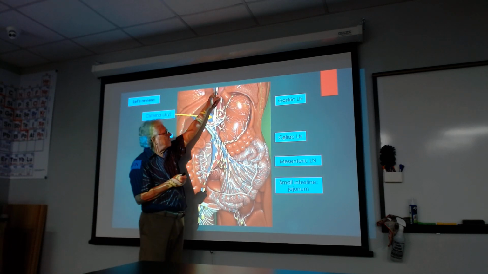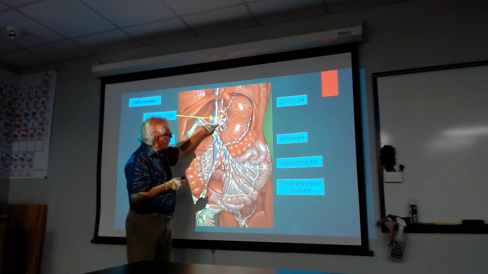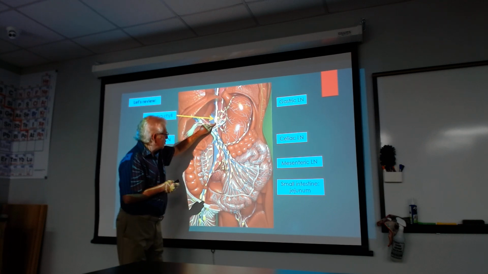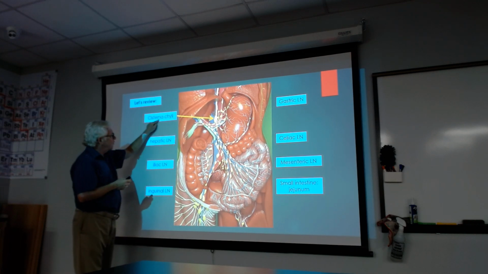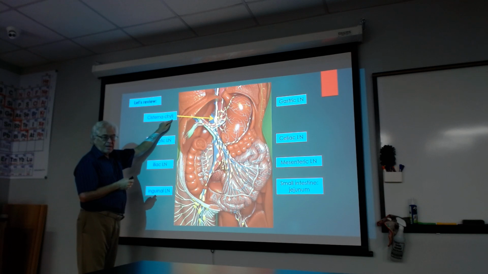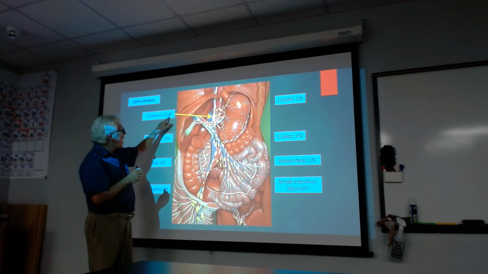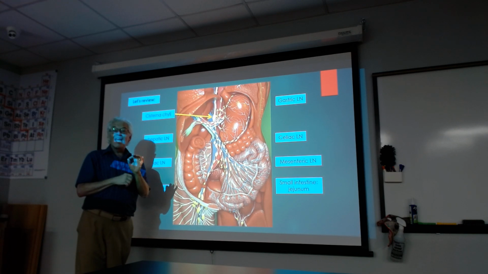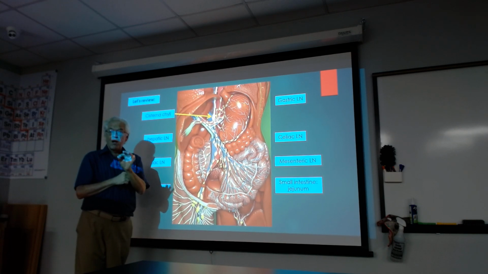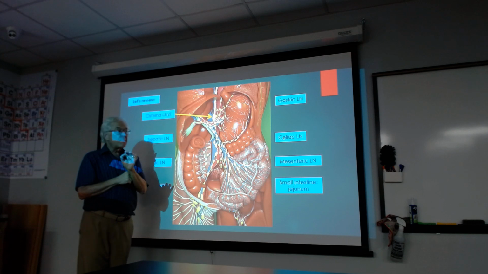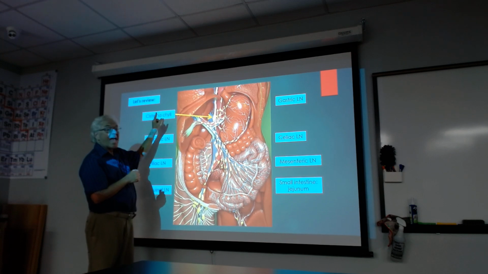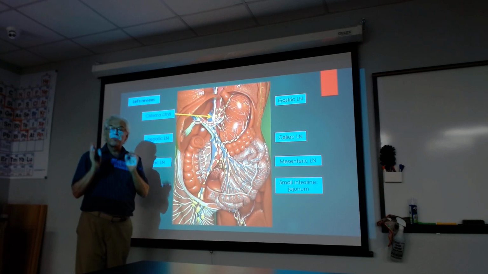Now take a look. This is your thoracic, but right here, there's a bulge. That bulge is called cisterna chyli. And we need to know this because chyle, C-H-Y-L-E, is fat, dissolved fat. Chyme, C-H-Y-M-E, is dissolved food.